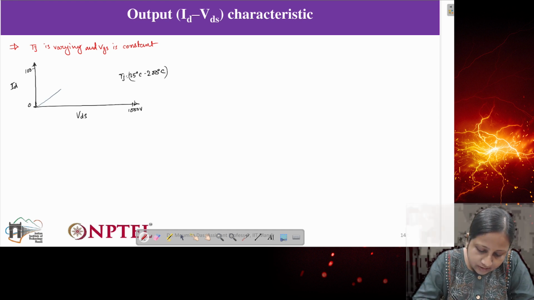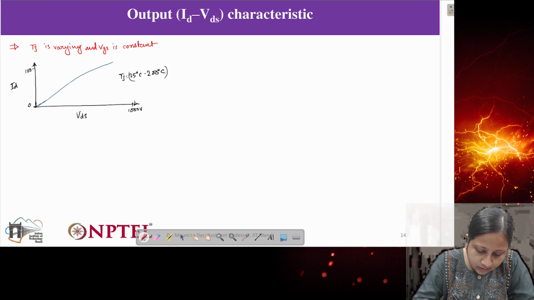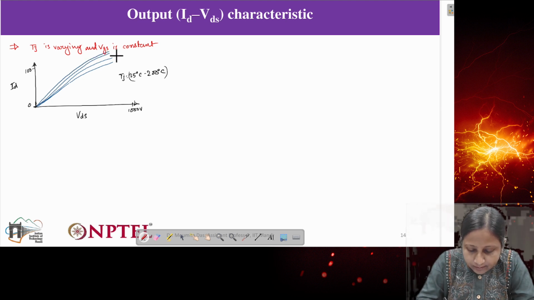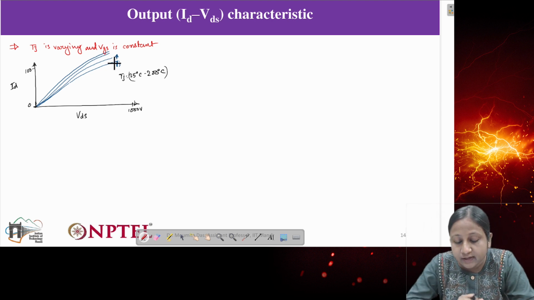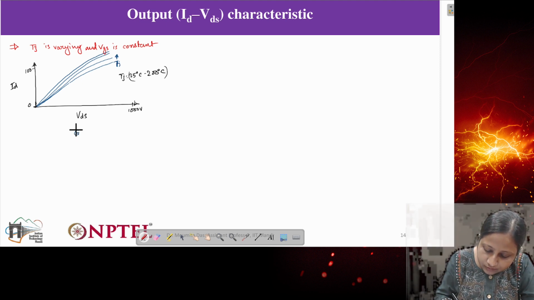Basically it will have this kind of characteristics, and it will not vary much. As the temperature Tj increases, the current and voltage values will definitely change, but the variation will not be as much as it is with respect to VGS. So this is with respect to silicon carbide.